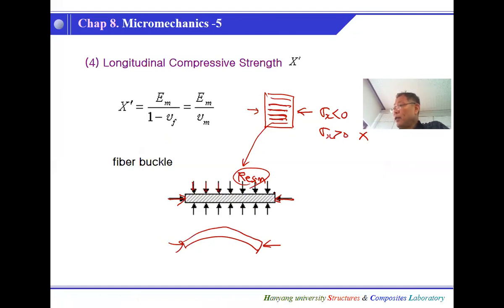Anyhow, this is the X prime, and X prime is affected by the resin support laterally. So this is the EM. There's some derivation, but if we have a very strong epoxy, then compressive strength is high.